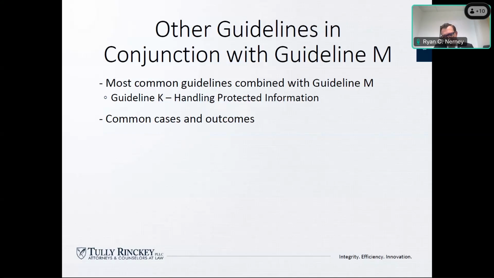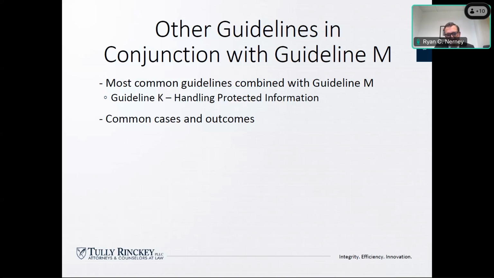And then, like I said before, Guideline K is the handling of protected information. That's essentially if you misuse any sensitive or classified material that potentially could cause a compromise of classified information. A lot of times these are combined with each other because they kind of go hand in hand a little bit. Let's say you're using your computer outside of a SCIF to access classified information, and within that use of the computer, you're also going to pornographic websites or something like that.